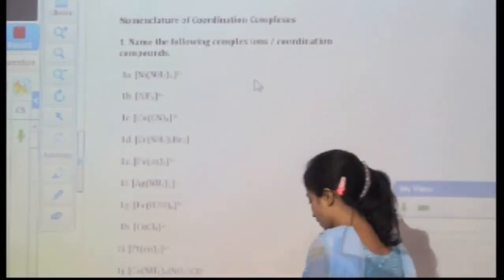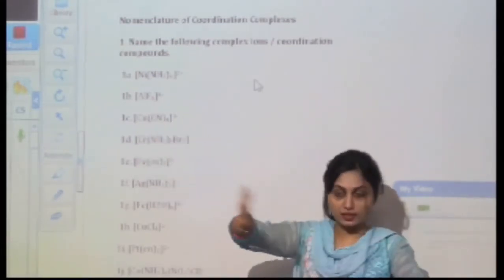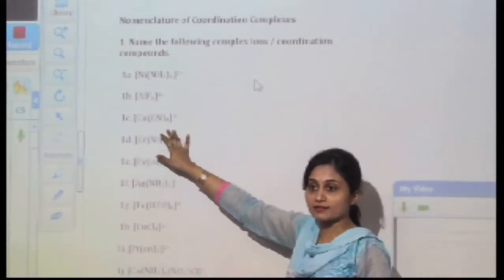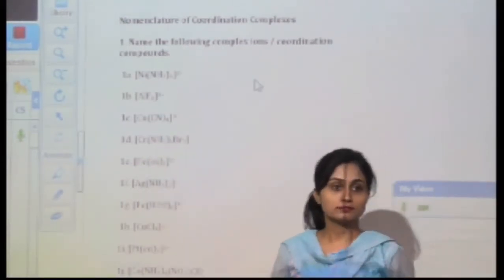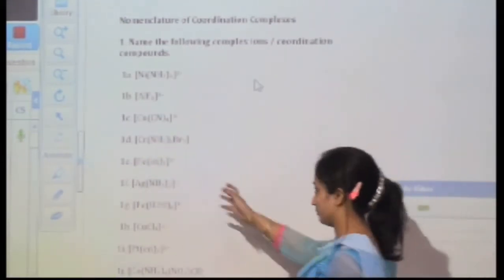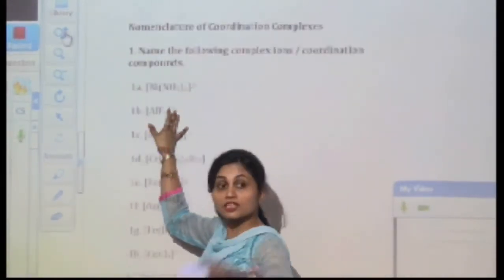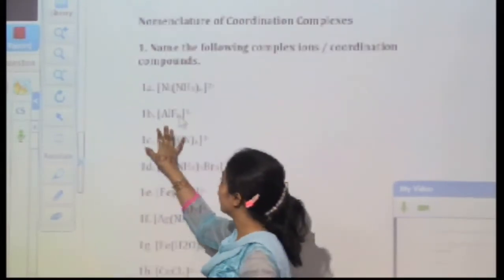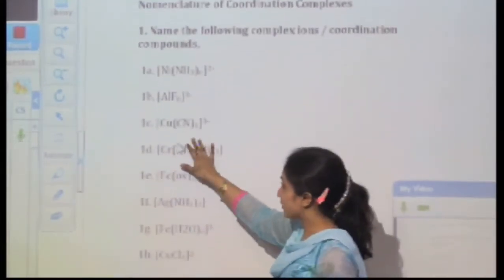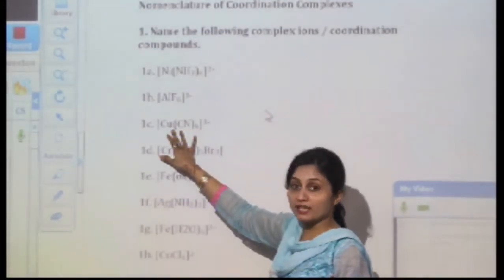Next. Alright. I am giving say 5 seconds for each problem. Quickly write it down and then discuss. When I say go, then you start in chorus. Let me read it. Cu(CN)4 3 minus. Put it. Okay, time up. Tetracyanocuprate. Not copperate, cuprate.